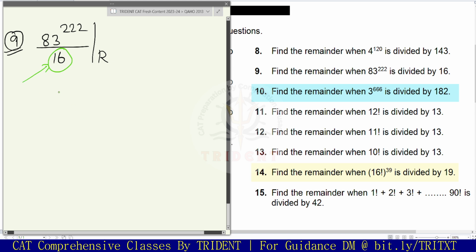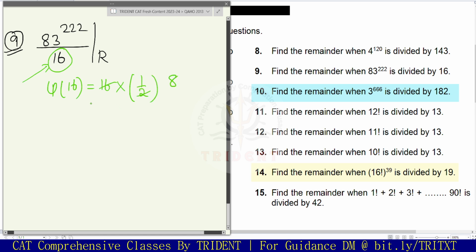That is very easy. If you remember that 16 is nothing but 4 square, that is in fact 2 raised to the power 4. So the only thing that I need to calculate will be 16 into 1 minus 1 by 2, that is 8.